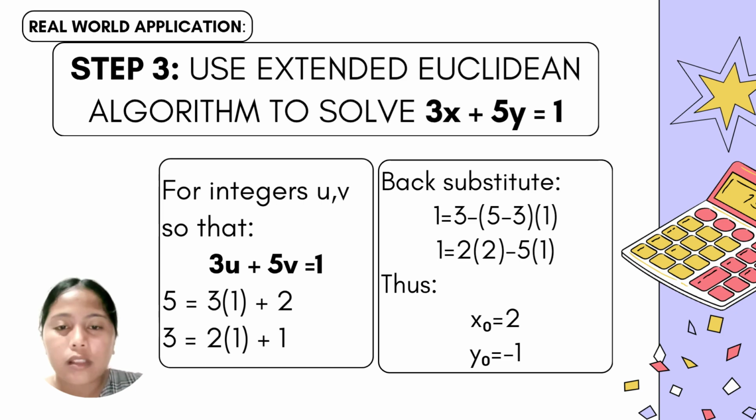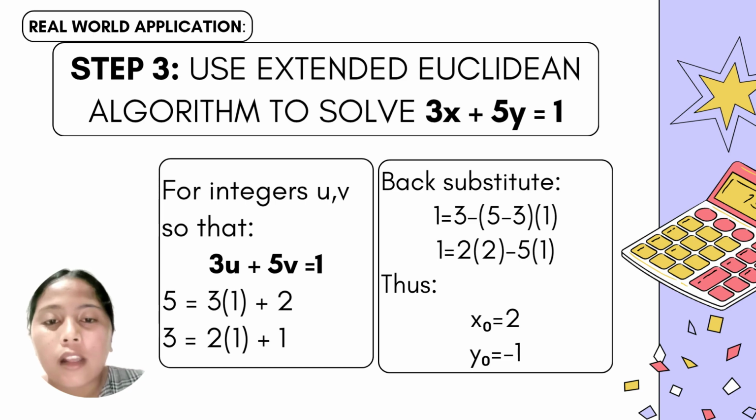So now let's do the back substitution, where we can get d is equal to 1. So we need to do first the parentheses based on PEMDAS. So 1 is equal to 3 minus (5 minus 3) times 1, which is 3 minus 2, equal to 1. Then second, 1 is equal to 2 times 3, which is 4 minus 5 times 1.